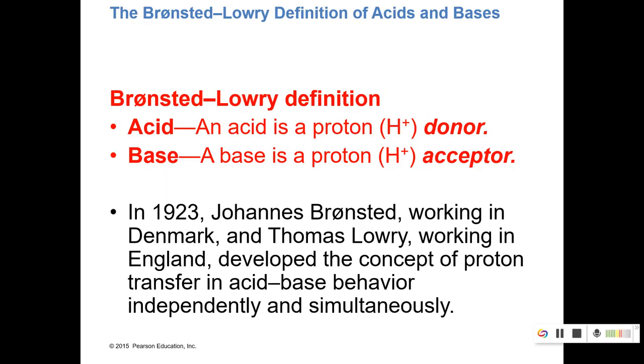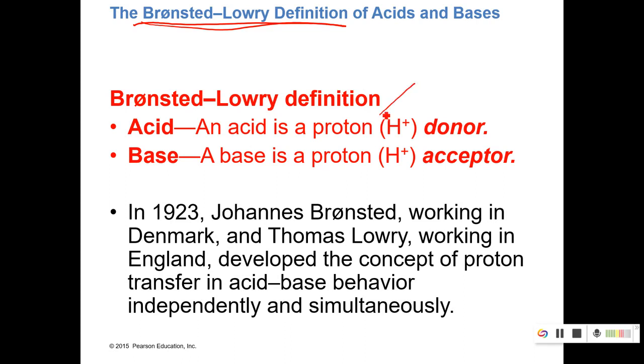So the next definition is called Bronsted-Lowry. They were working at the same time, not together in the same place, and they developed a better definition. This is the Bronsted-Lowry definition of an acid and a base. An acid is a proton donor, or a hydrogen ion donor.